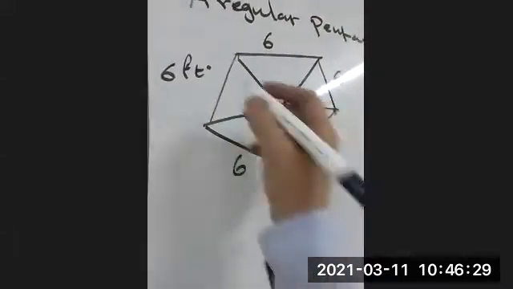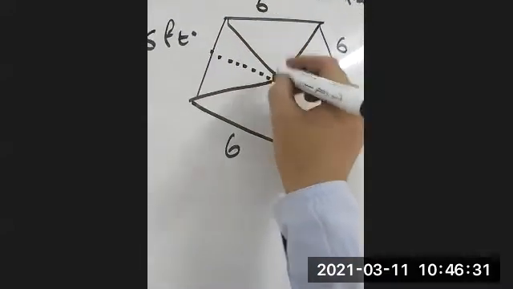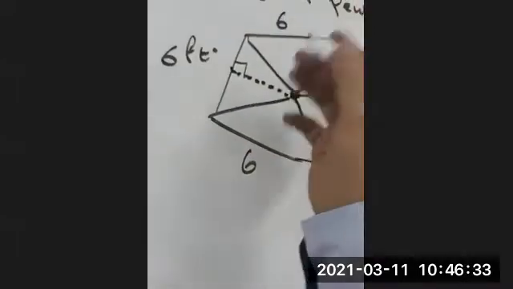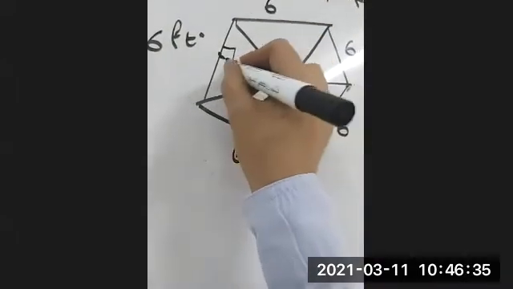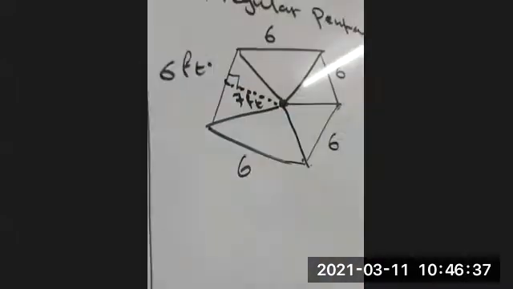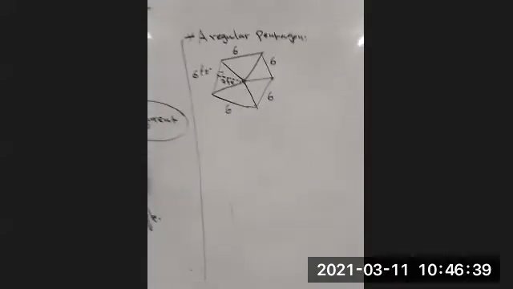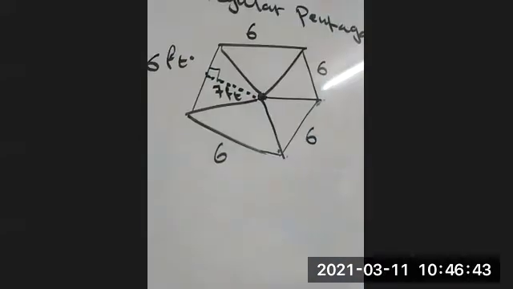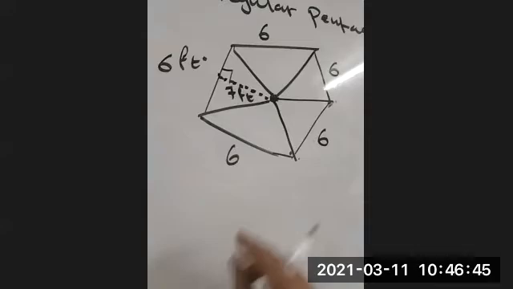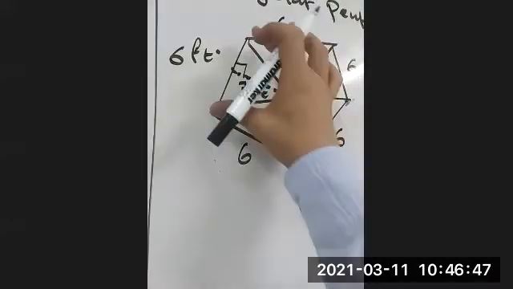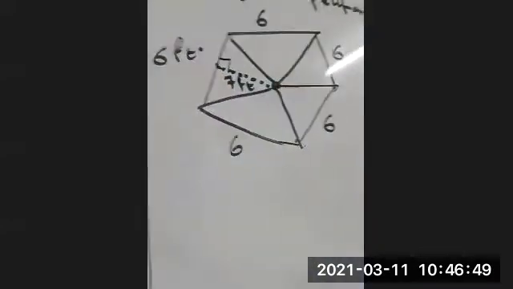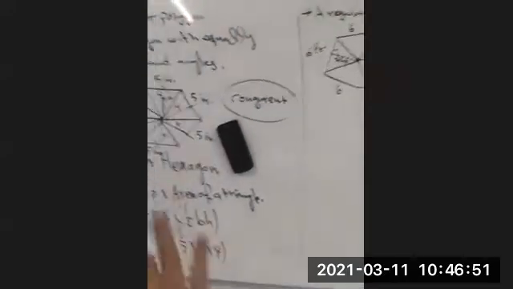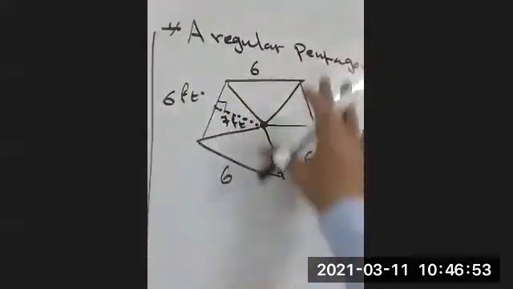Let's assume the height of each triangle is 7 feet, for example. I have 5 triangles, and each has base 6 and height 7. How do we find the area of the whole polygon?